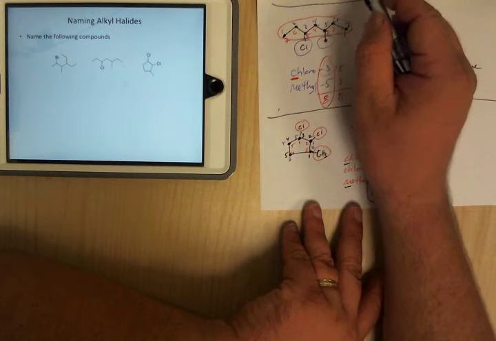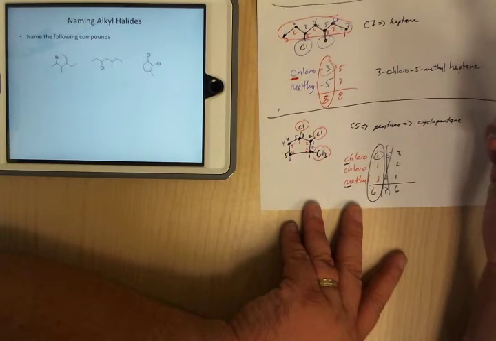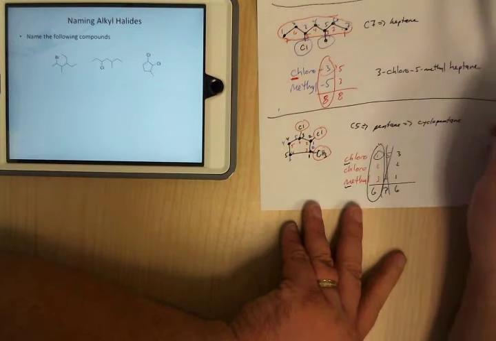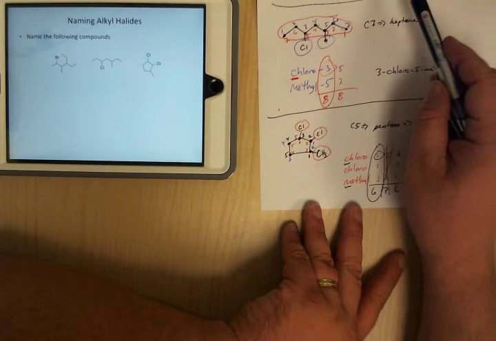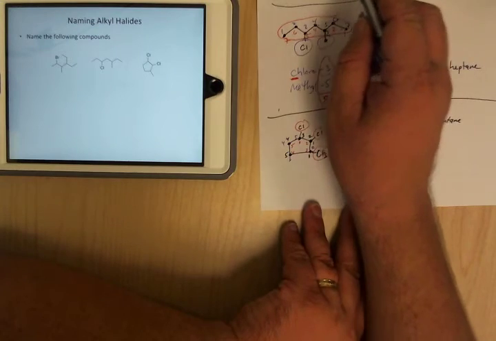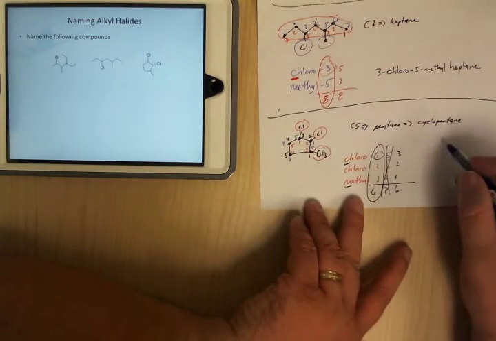If the chlorine was hanging off of here or there, it wouldn't make a difference. If we switched the ethyl and the bromine here, it would be 4-bromo, 2-ethyl. It'd still be here. It's not the bromine. It just so happened in these three cases.